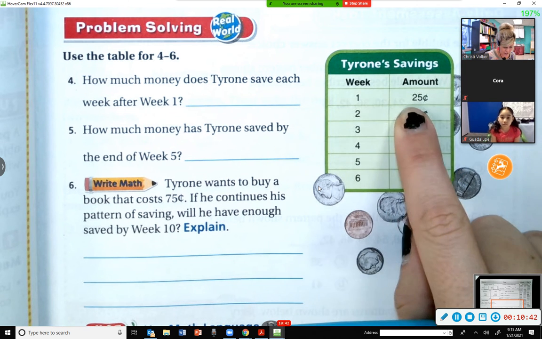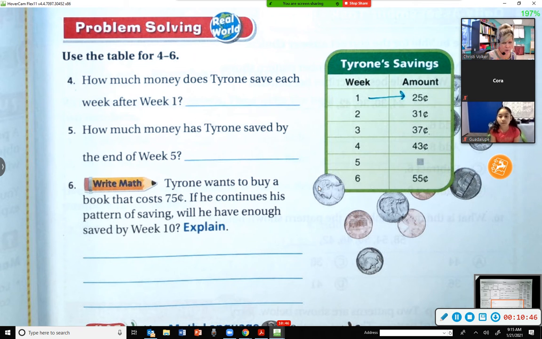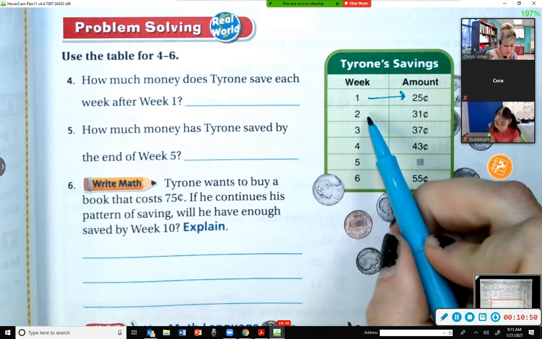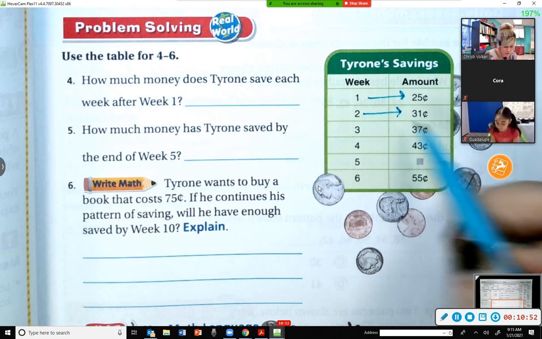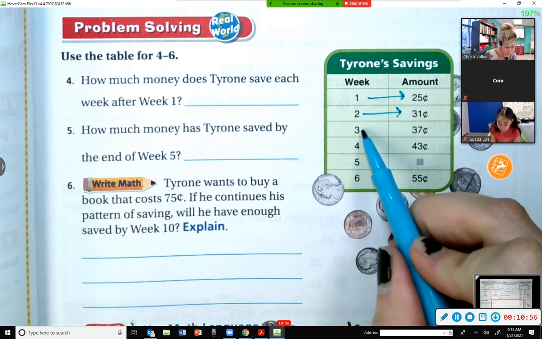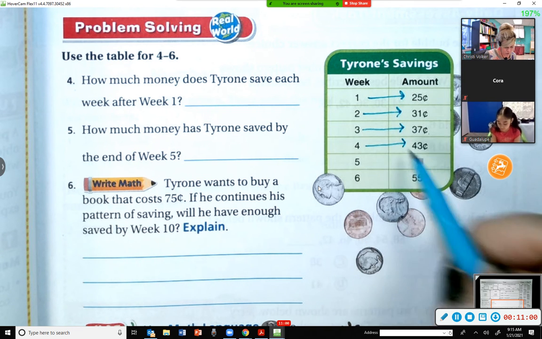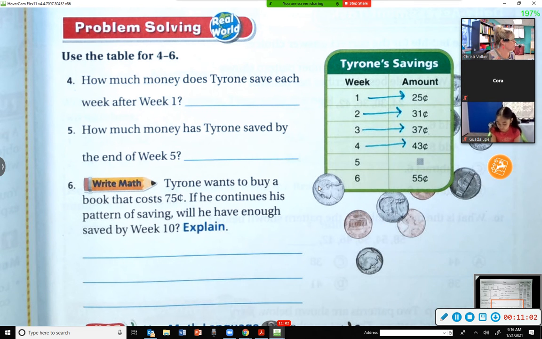For week 1, Tyrone saves 25 cents. Week 2, Tyrone has 31 cents. Week 3 is 37. And week 4 is 43. So now we need to figure out, what is it going up by? Kaylee says 6. Y'all agree? Yes. Okay, good.